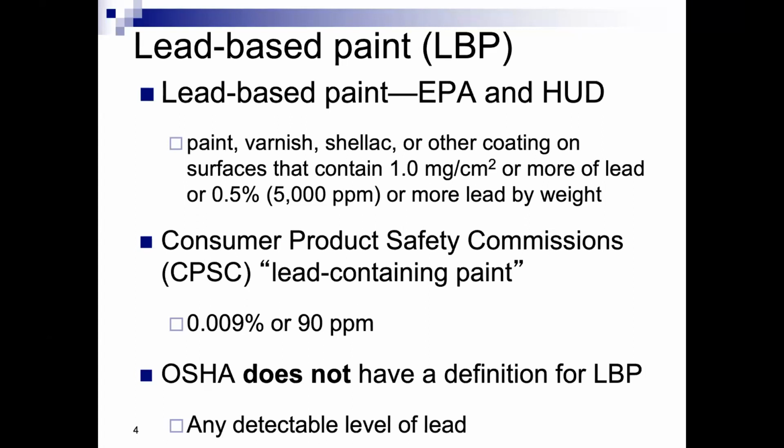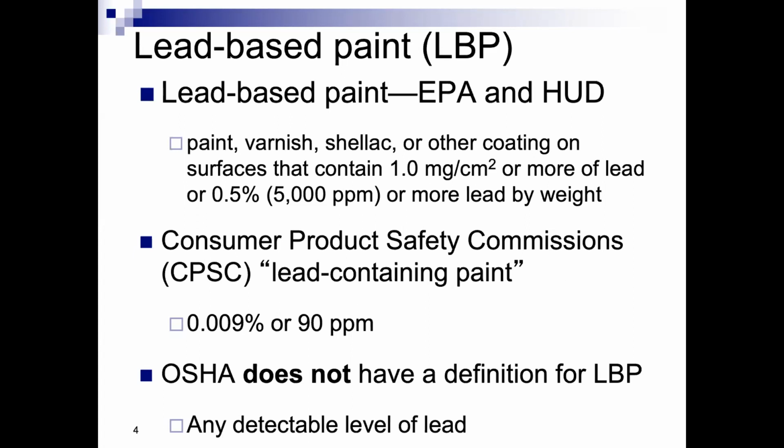OSHA, on the other hand, again, the Occupational Safety and Health Administration, within their standard, they don't have a definition for lead-based paint, because OSHA regulates any kind of product that might generate a lead exposure to a worker, not just paint.